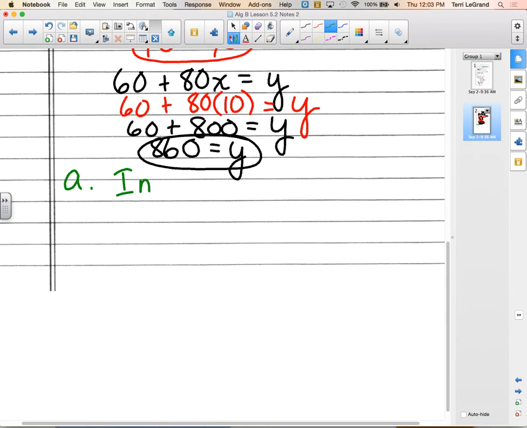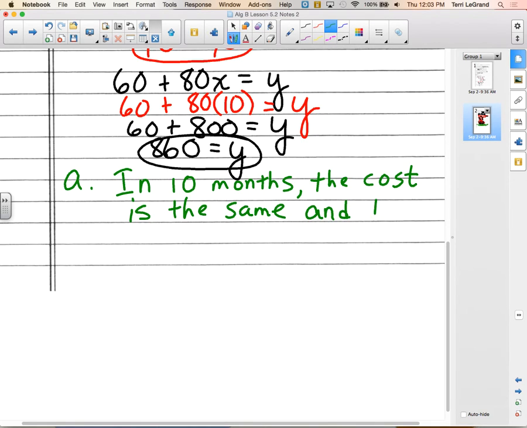In 10 months the cost is the same, and what will that cost be? And that cost is $860. Remember us writing sentence answers?